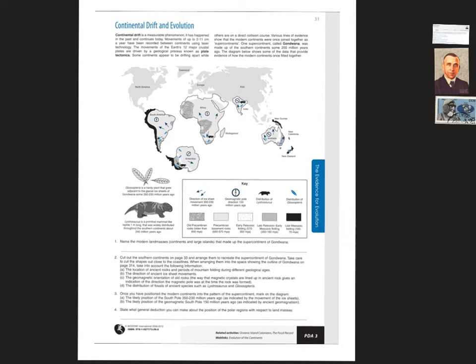The center line ran from Iceland, which is above Greenland. I'm not sure which way it goes, but something like this, probably above Greenland, Iceland.